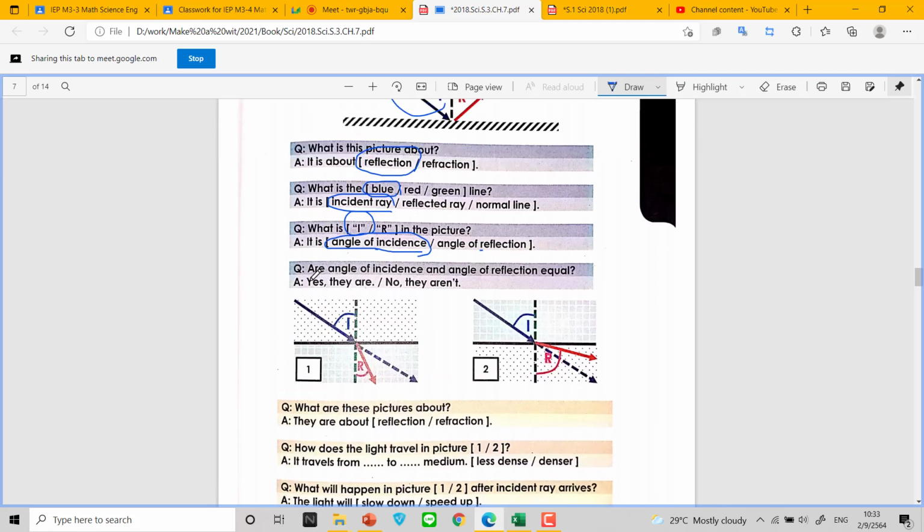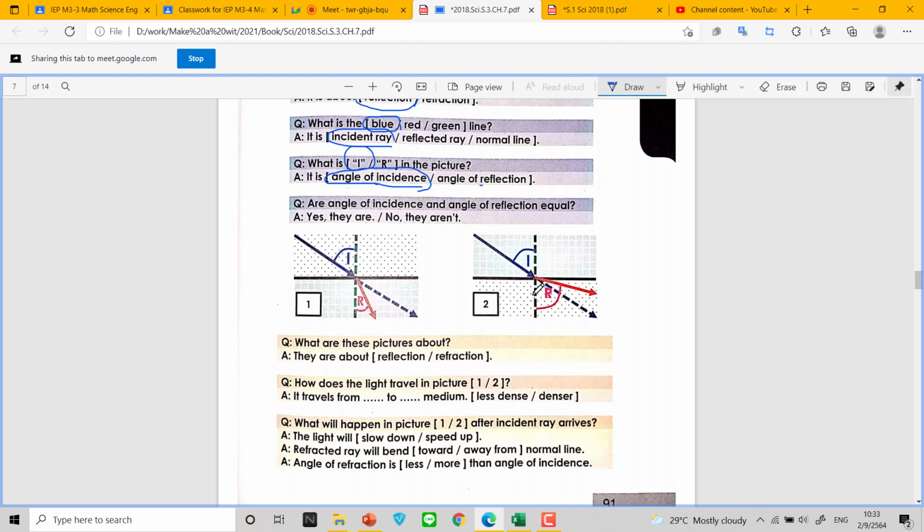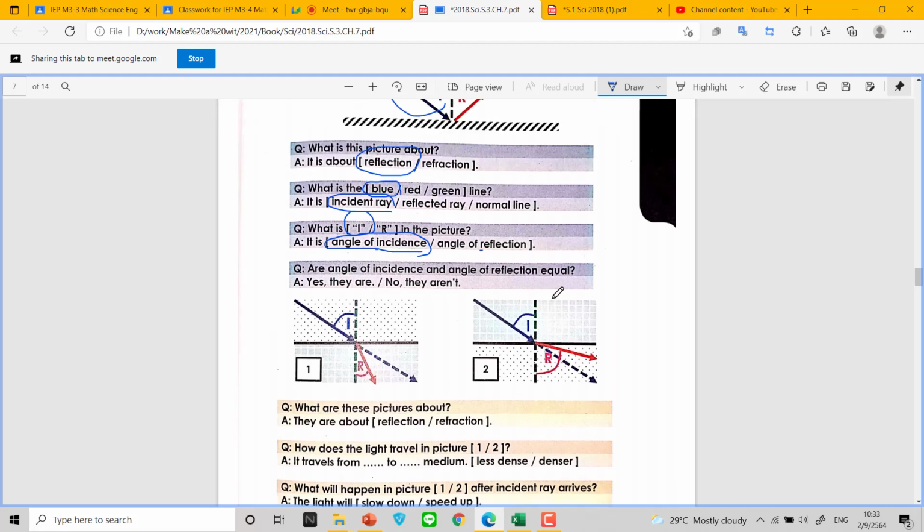Next one, student. Student, are you ready? Did you open the book? Page 91. Are the angle of incidence and angle of reflection equal? Yes or no?